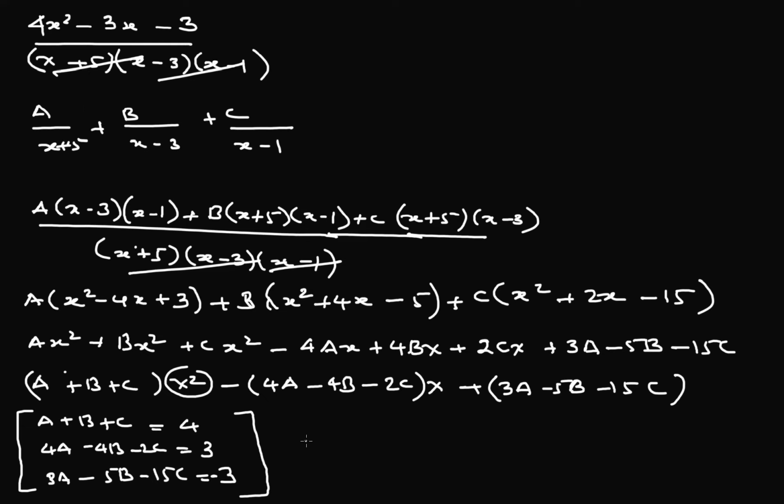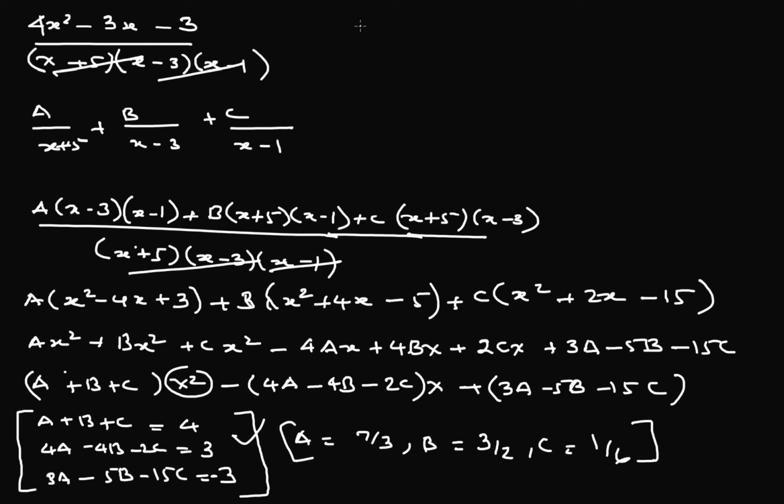Okay, so we get A is equal to 7 over 3, and actually B is equal to 3 over 2, and then C is equal to 1 over 6. Okay, so this is what we get once we solve this.